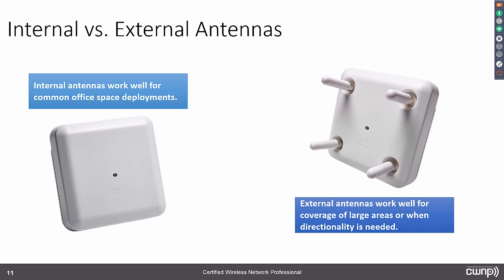And then all of a sudden you find yourself in a warehouse or something like that, and you use the APs that you're supposed to use. Well, they may simply not be the best AP for that deployment. You might have to deploy 2 or 3 times more APs to get coverage in a warehouse kind of environment than what you would actually need if you were using some better external antenna selections.